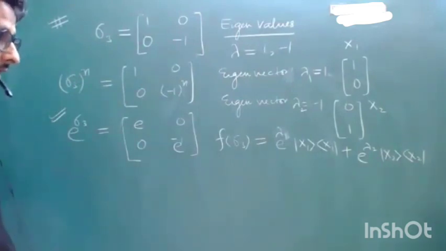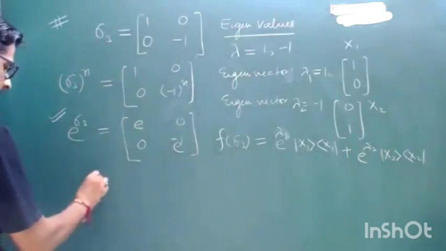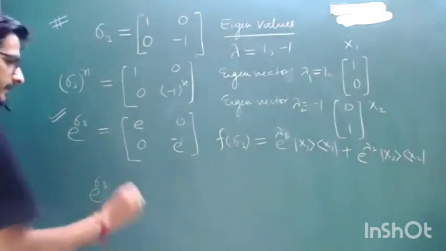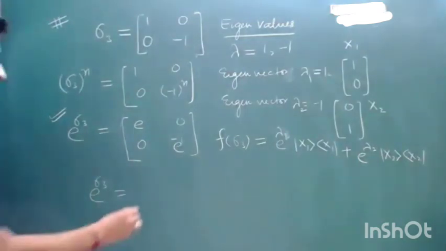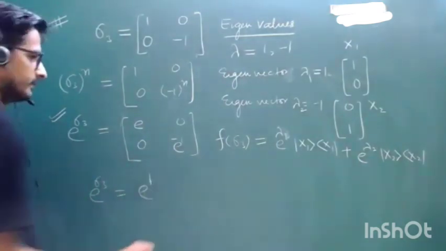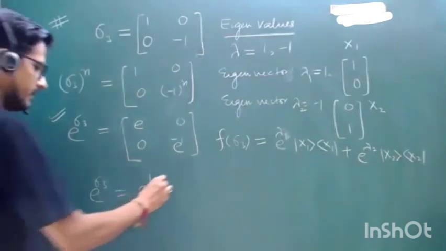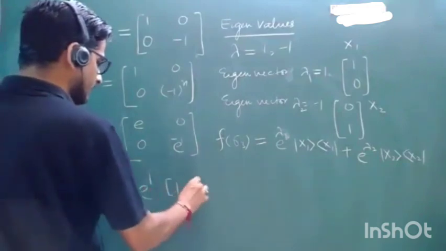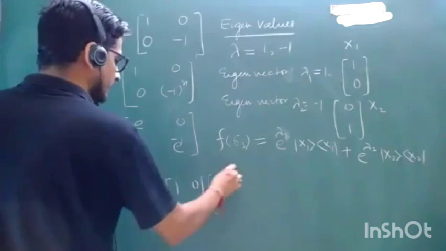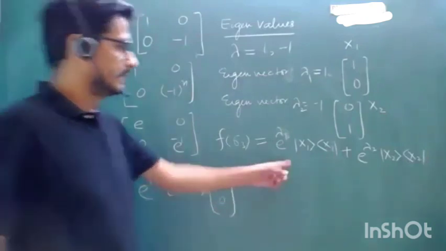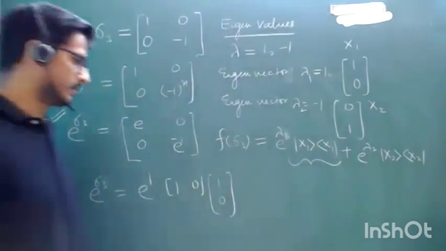So now let us write the final form. Our function here is e to the power sigma 3 and that will be equal to e to the power 1 and x1 का inner product लिखना है, so we will write it as 1 0 and 1 0. Please see this. In this notation you are aware, quantum mechanics also uses the same notation.